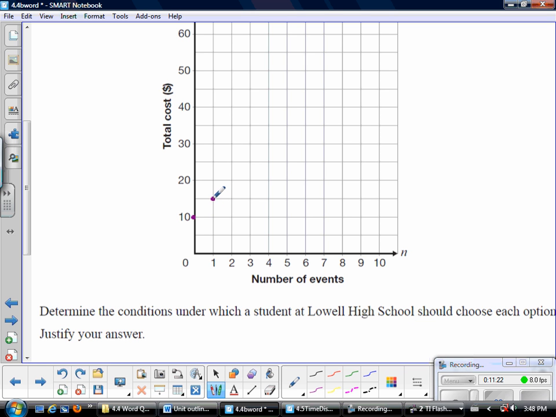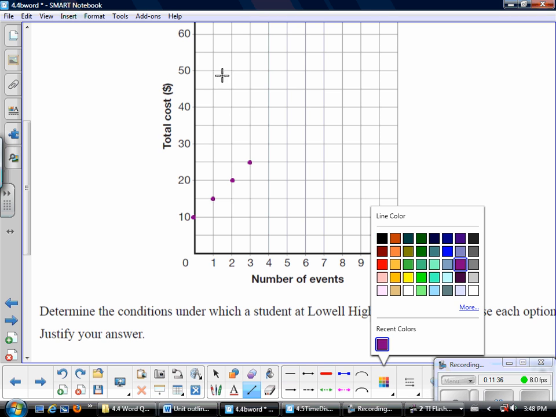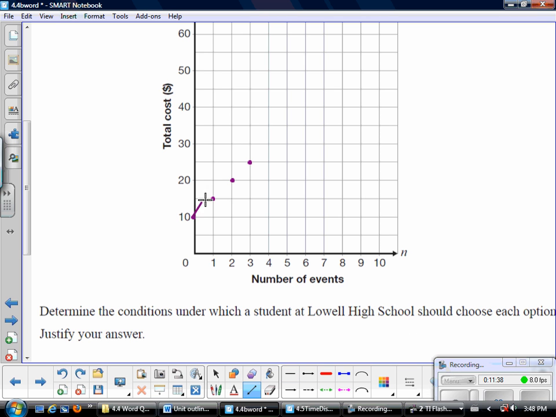Two events would cost them 20, and it is not a direct, it is a linear relationship. So there we have that, and we're just going to draw a line. I'm going to make it purple to match the purple. Oops, that didn't do what I wanted. Here we go. And now we're going to go up and look at the next part.